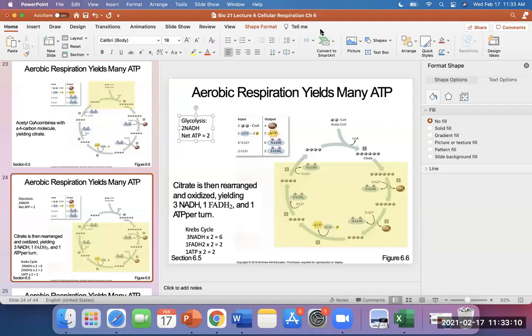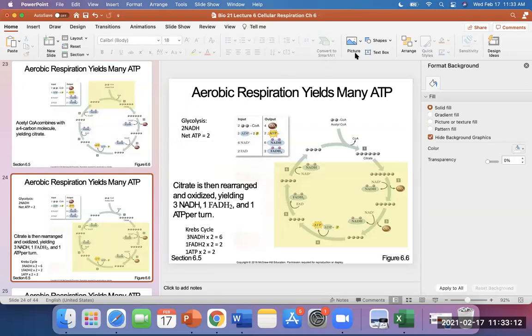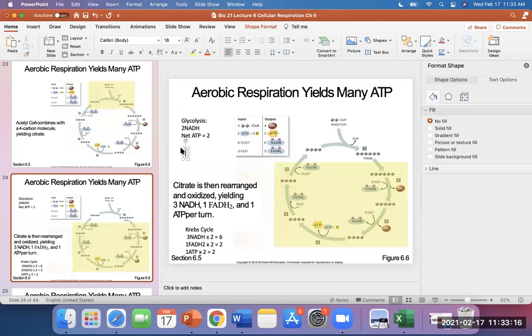We had an intermediate step. The intermediate step was the acetyl-CoA. What did you get out of this? Did you get anything that was useful?